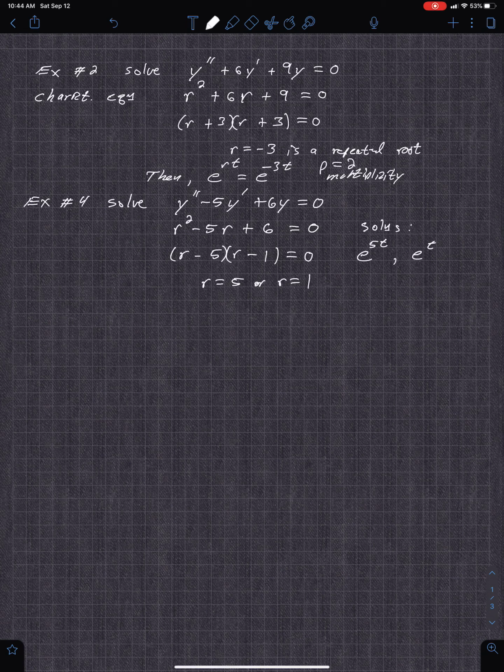Again, in this case, they're both two different distinct solutions. So you plug this in, do this calculation, and you'll get 0. Then you plug this one in, do this calculation, and you'll get 0.